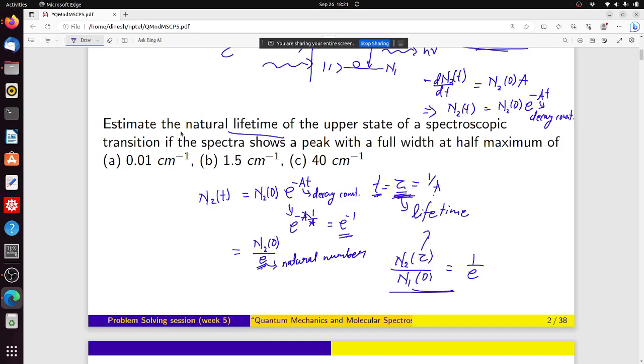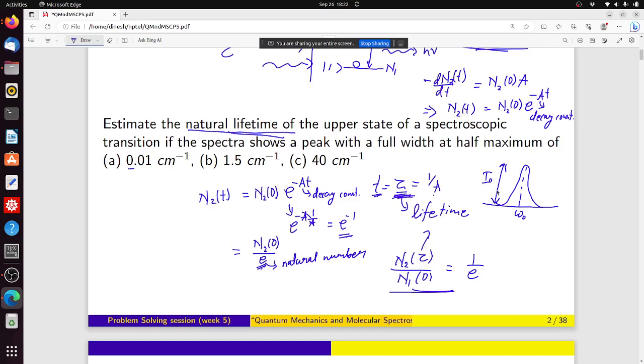So we need to calculate the natural lifetime of the upper state of the spectroscopic transition of the spectral source peak with full width at half maximum. Okay, so in the last class you learned about this line shape. It peaks at some frequency, let's say omega naught, and it has an intensity I0.